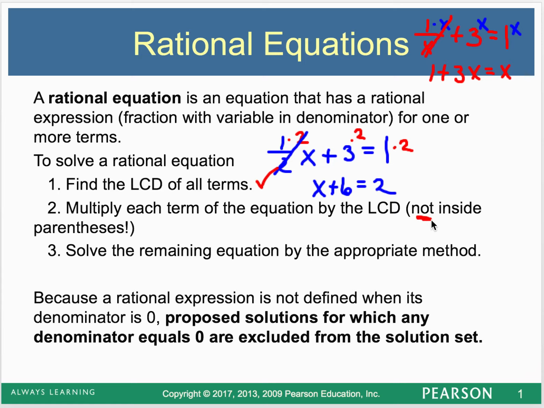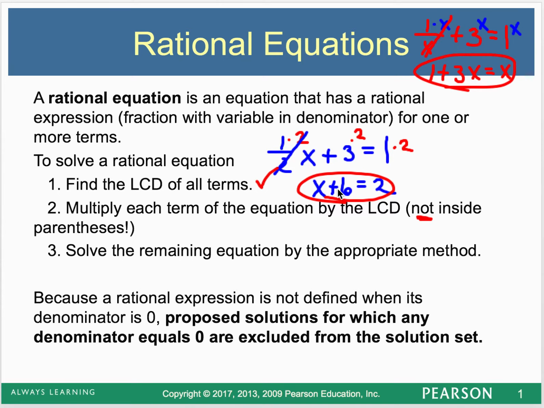Except remember this, not inside parentheses. When you multiply a term, it automatically goes inside the parentheses when you distribute to get rid of the parentheses. So multiply each term, but not inside parentheses. And then you just solve whatever remaining equation you have.